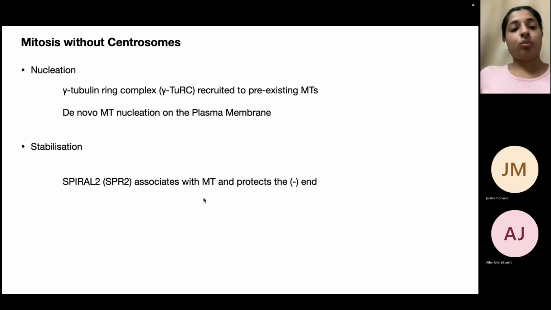The second function that we saw was nucleation. Like I mentioned, the gamma tubulin complex is important and it's present in the centrosome, and this is what ensures nucleation and generation of new microtubules. Plant cells are known to either recruit this gamma tubulin complex to pre-existing entities.